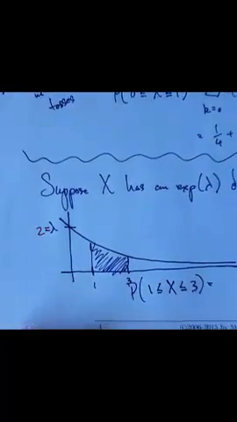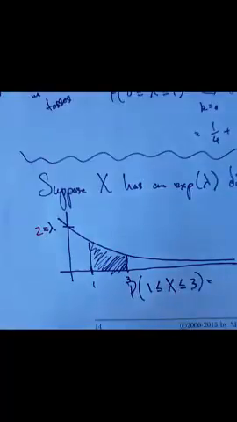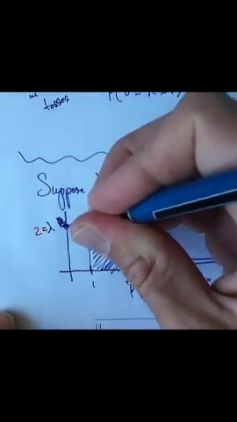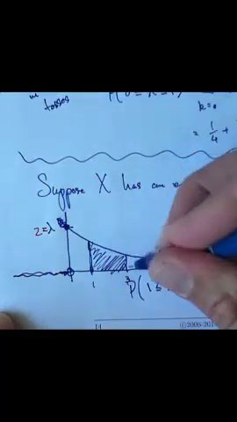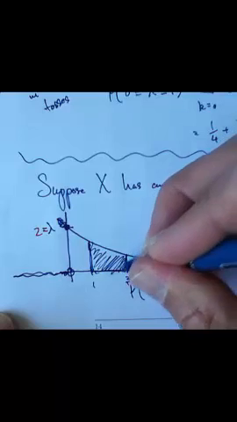is just the area beneath the curve. Right? You should have seen this in a first semester statistics course when you talked about normal random variables. At least when you have continuous variables, the idea is that the probability is the area. The probability is the area beneath the curve. Right? The probability is the area. Okay.